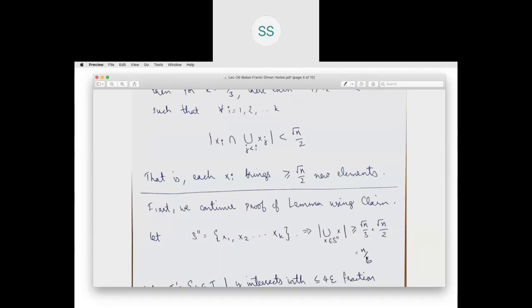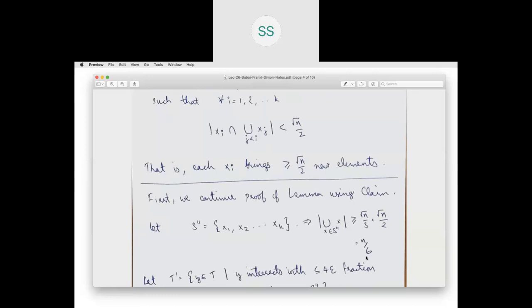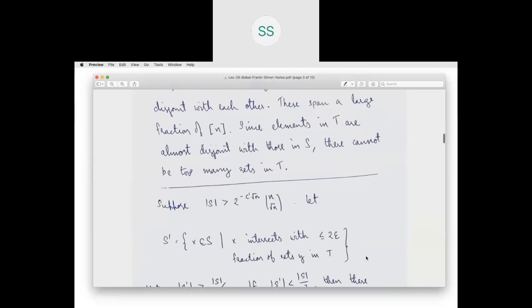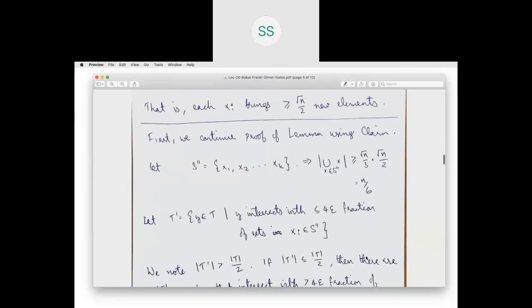So this is what I referred to earlier. Now we are saying that if S cross T is almost epsilon unbalanced, then S contains a subset S double prime, or S double dash, such that the sets contained in S double prime together span n by 6 elements of the universe.